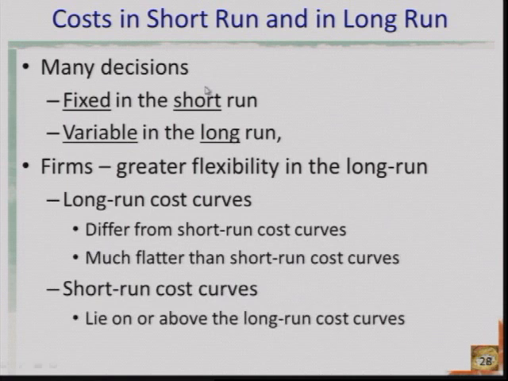Remember when I was talking about the short run, at least one variable is fixed, or a decision is fixed. Something's fixed, like the amount of equipment you have, or the one stapler that the volunteers in our class activity had. Everything's variable in the long run. MCC is thinking about maybe building some dorms and expanding.